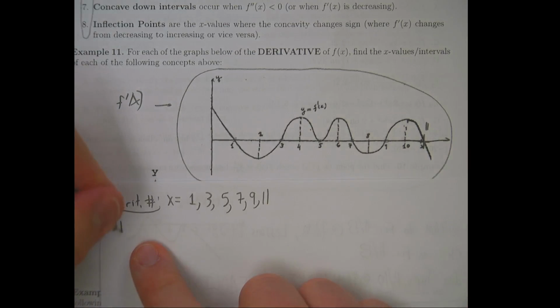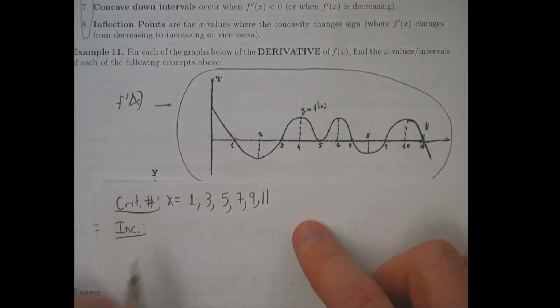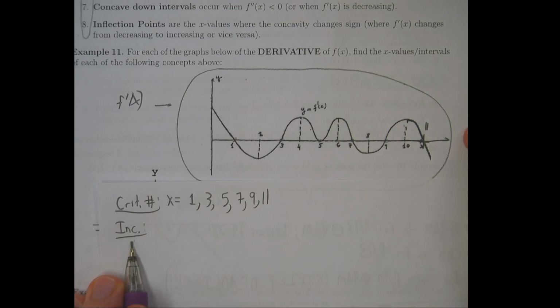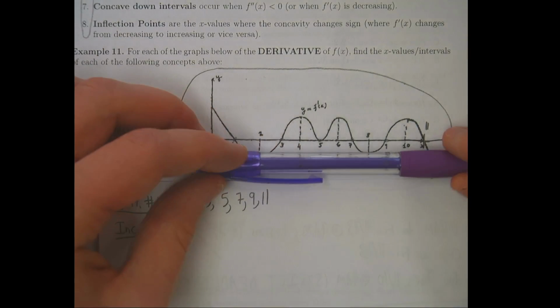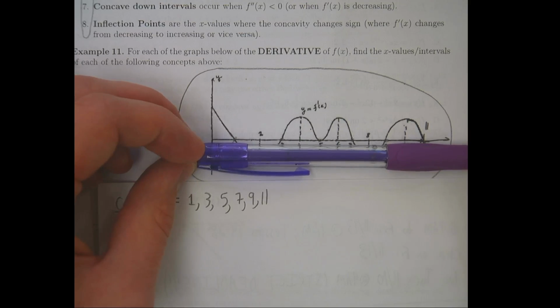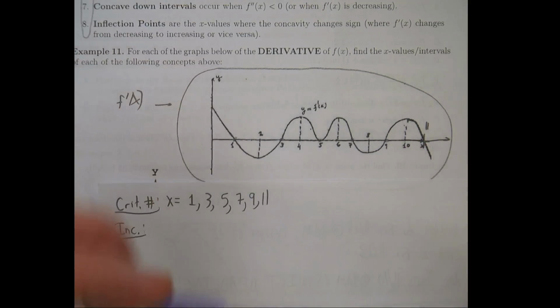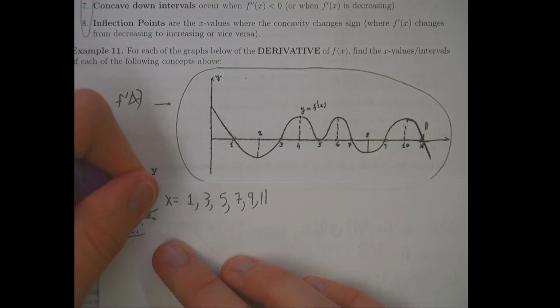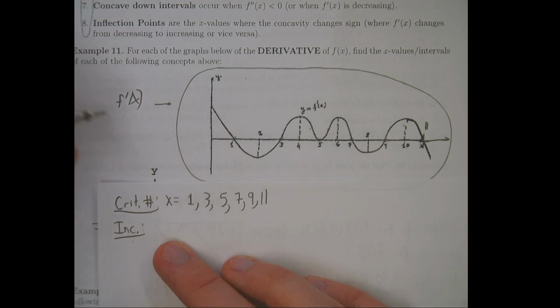The next thing we focus on is increasing intervals. If you recall, the increasing intervals correspond to when f prime of x is positive. In the context of our graph, we have to focus on where the graph of our derivative is above the x-axis. So what intervals should we have for our increasing intervals?